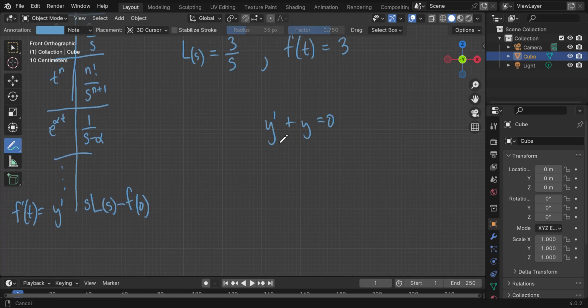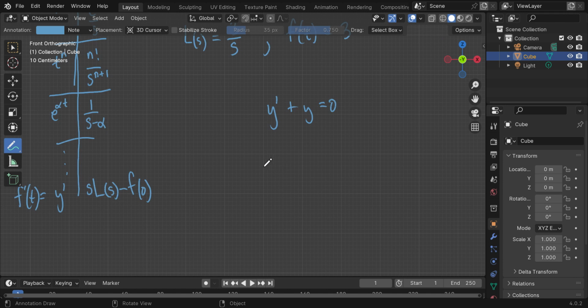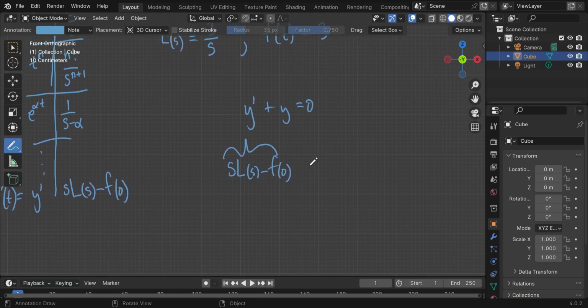Y prime is just f prime of t, and like I said here, that comes out to s times L of s minus some starting condition, and that's all this first part of the equation. And then we're adding, let's take the Laplace of y.